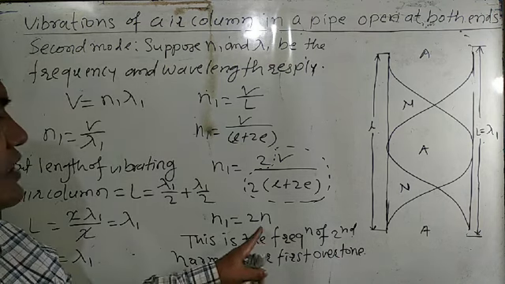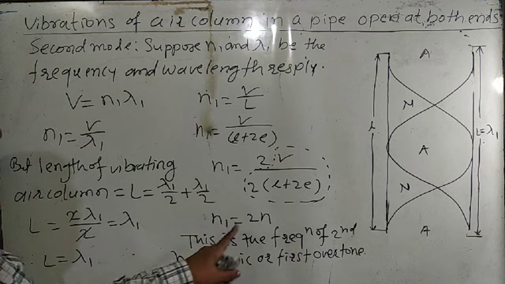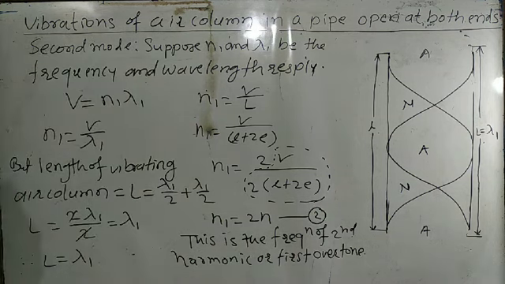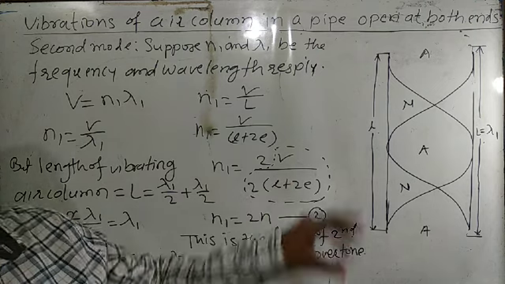This is the frequency of the second harmonic or first overtone. N1 equal to twice N. Equation number 2. This is another mode of vibration.